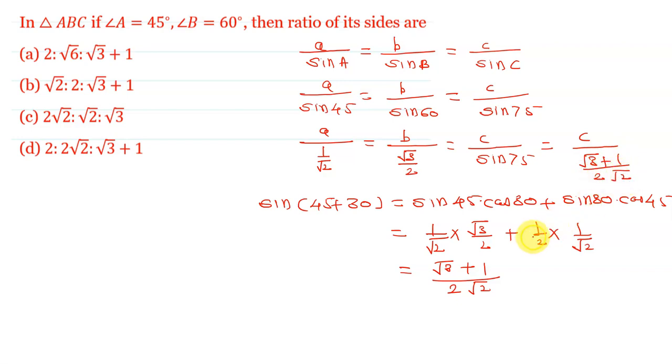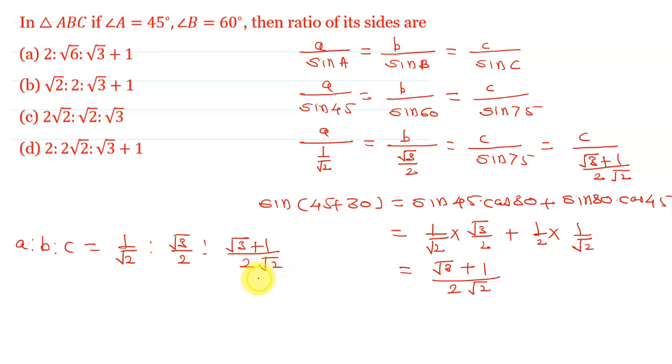Now the next, we simplify this. Then you will have a : b : c is equal to 1 upon root 2 : root 3 upon 2 : root 3 plus 1 upon 2 root 2.